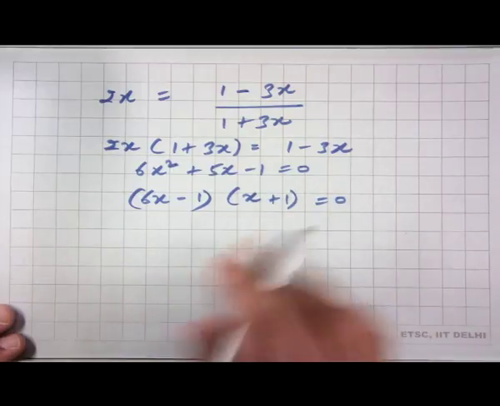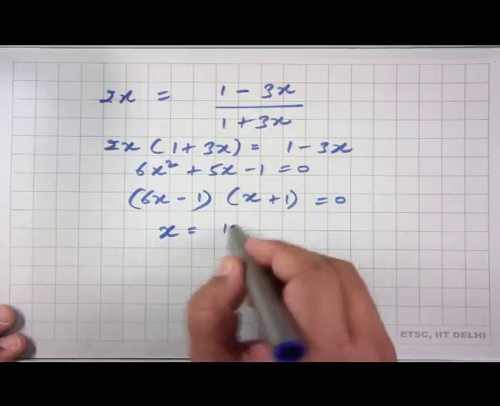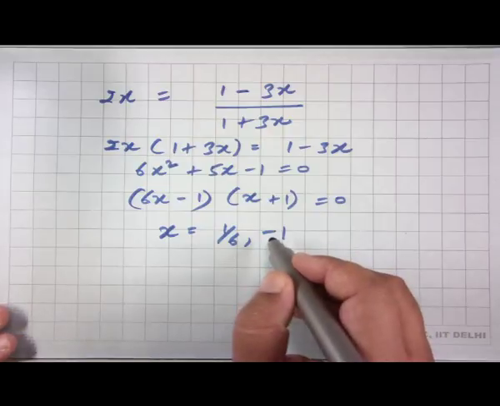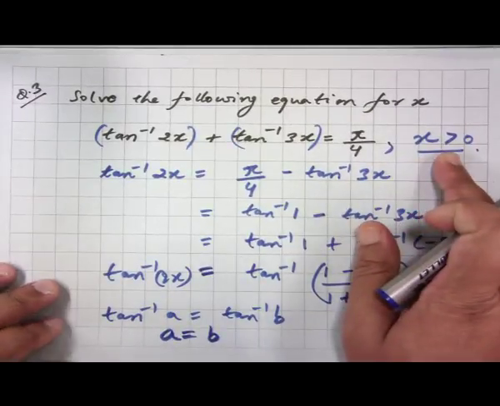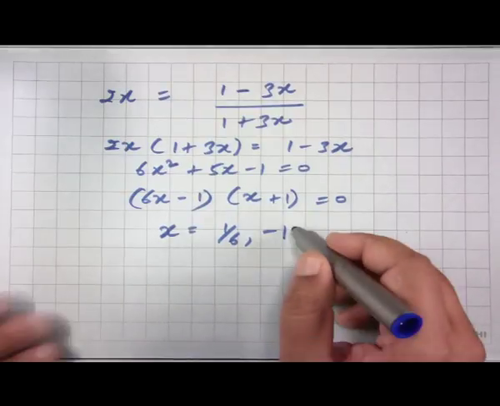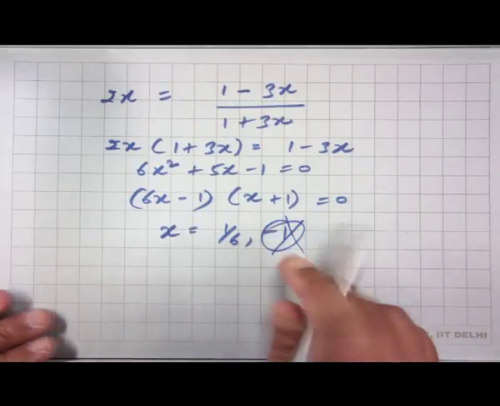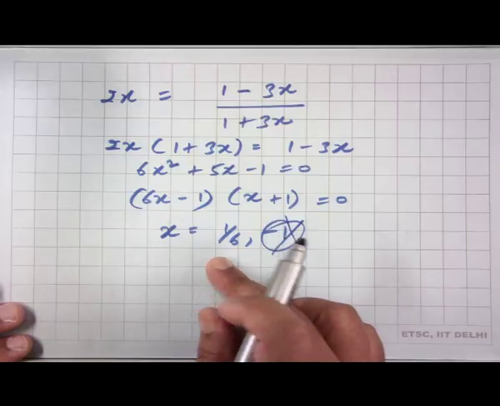So, there are two solutions now. x is either 1 over 6 or it is minus 1, but we already know that x must be greater than 0, and therefore minus 1 is not a valid solution. So, the only possible solution is x equal to 1 over 6. This is the final answer.